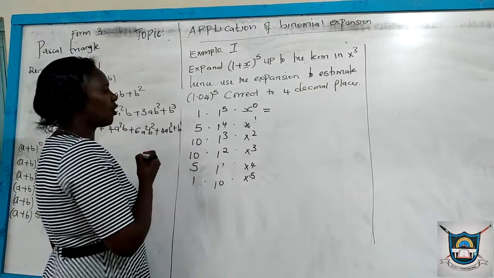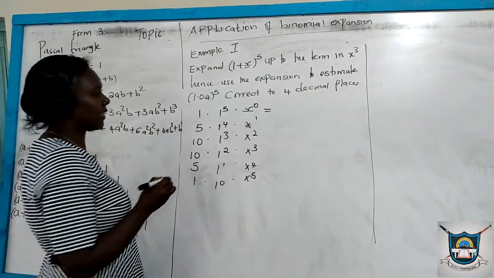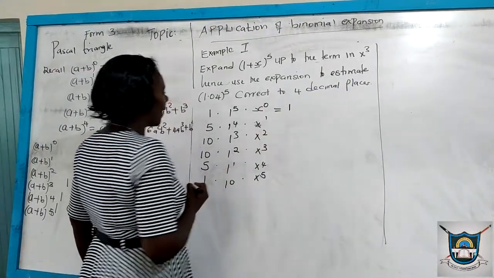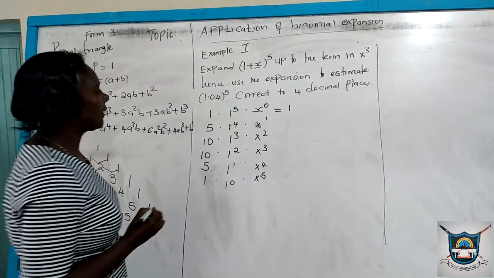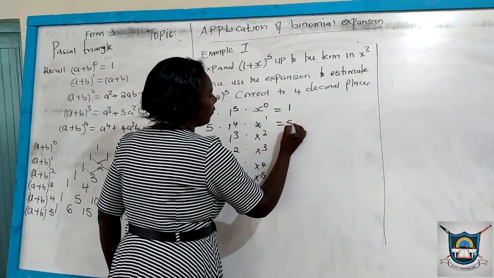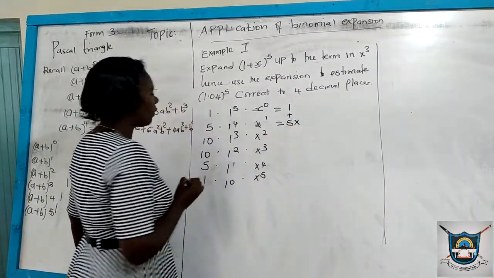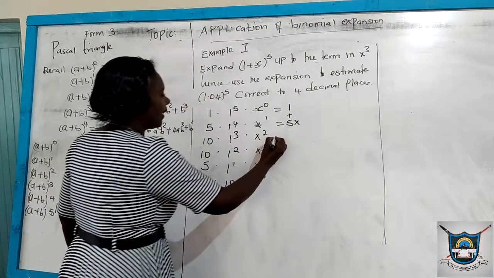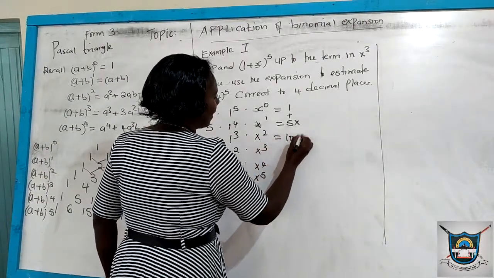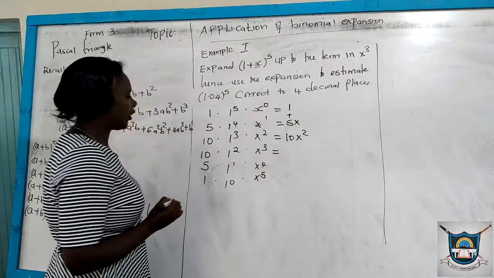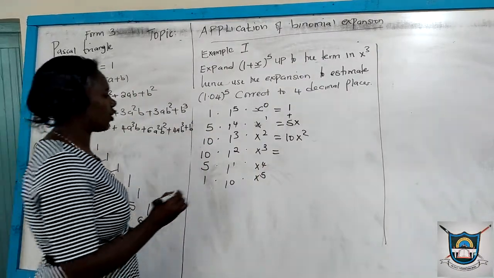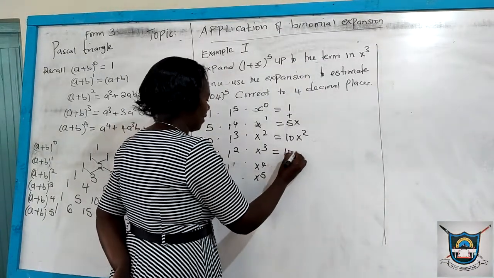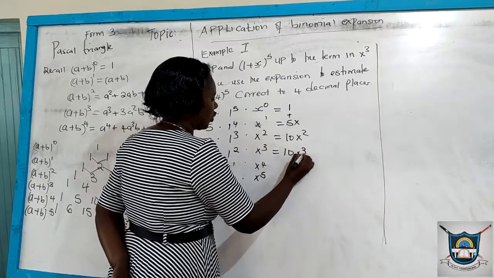So the first one, if you multiply 1 times 1 to power 5 times x to power 0, it gives us 1. 5 times 1 times x gives us 5x. 10 times 1 times x squared gives us 10x squared. We have 10 times 1 times x cubed; this one gives us 10x cubed.